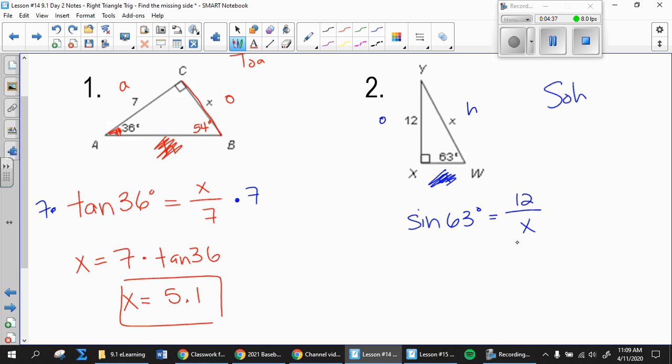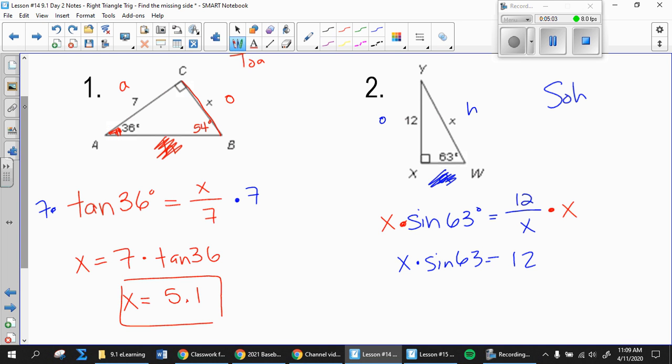The other thing we can do is, because we're actually dividing by x, multiply by x on both sides. And so we'll get x times sine of 63 equals 12 that we have left over here.